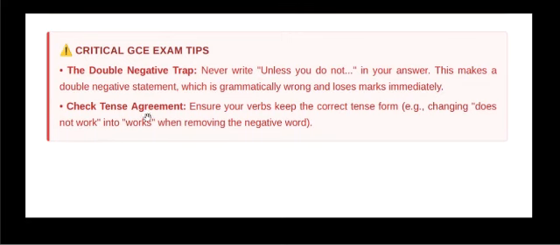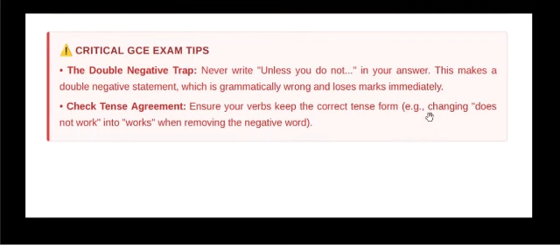The second tip is check tense agreement. Ensure your verbs keep the correct tense form. Remember in our previous tutorial video we were discussing inversions, and we said that when you introduce "does", the main verb there will change to its original form.